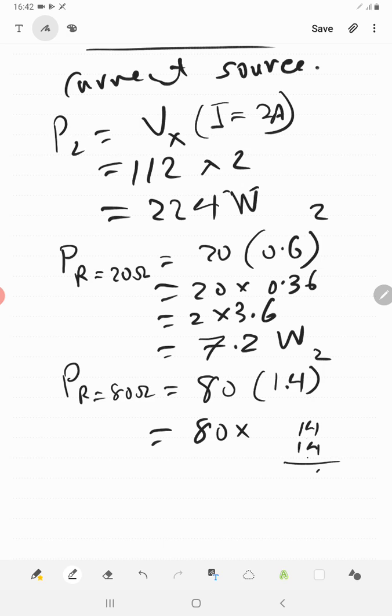So it's 16, and 4 times 1 is 4, plus 1 is 5, so 56. And we have 14 here, then 1.96. So this is 80 times 1.96.